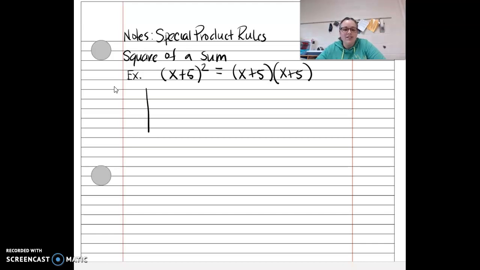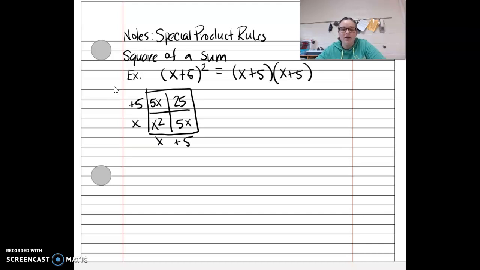And if I were to actually set up the box or do the horizontal method or FOIL, we get x plus 5 times x plus 5. And then if we find the area of all four parts, I get x squared. 5 times x is 5x, 5 times x is 5x, and then 5 times 5 is 25.